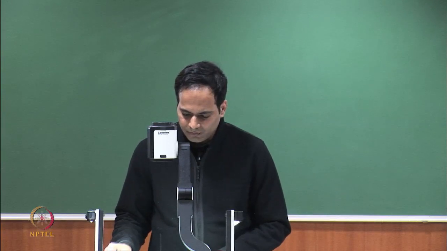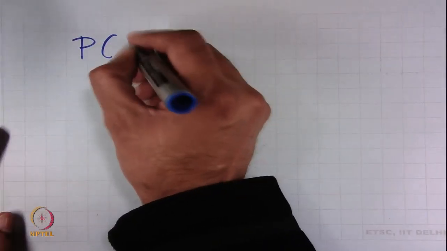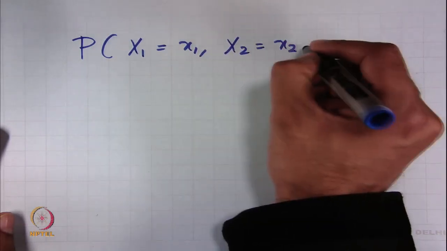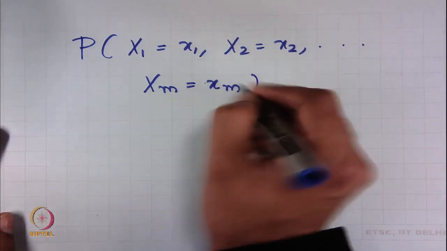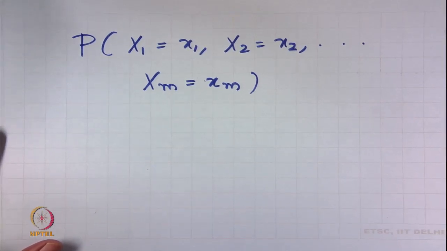So, what is the solution? Let us try to look at the solution. Let us assume that I have m random variables. Here I am assuming that x1, x2, xm are continuous random variables, and when I say the probability that x1 is equal to small x1, x2 equals small x2 and xm equals small xm, I simply mean that these random variables are taking values around their corresponding numerical values.